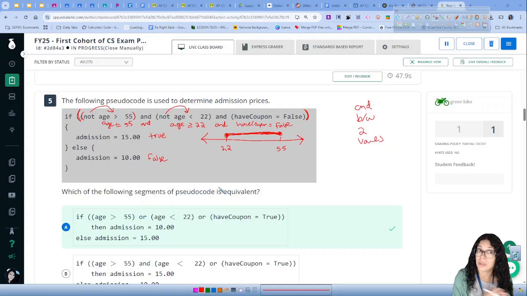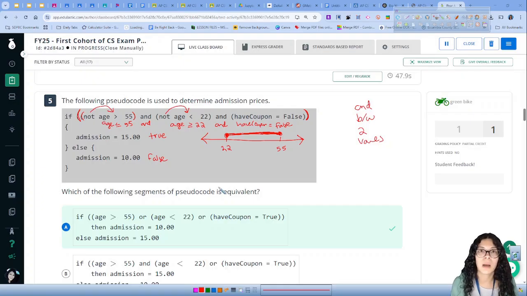But if you're not falling into all three of those cases, meaning maybe you're younger than 22, like a student, or you're older than 55 and considered a senior citizen, for example, or maybe you have a coupon, then you would be paying the lower price, which logically makes sense, right?